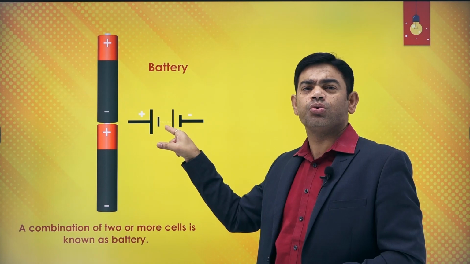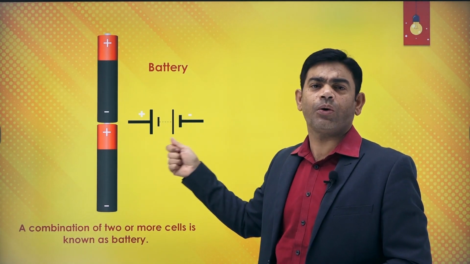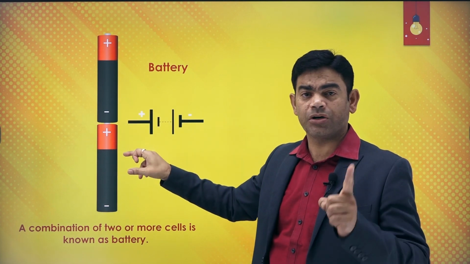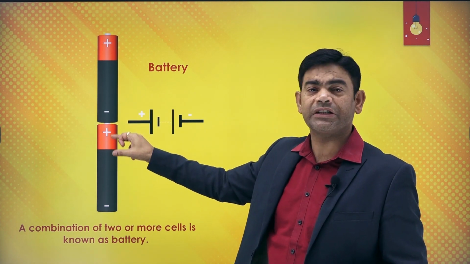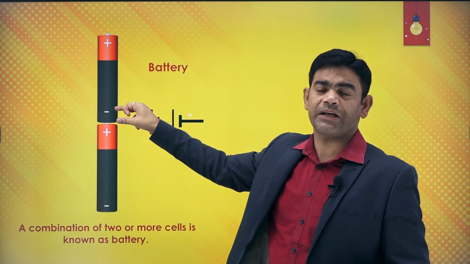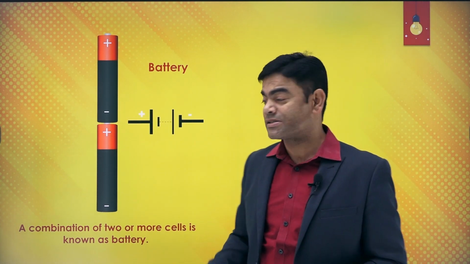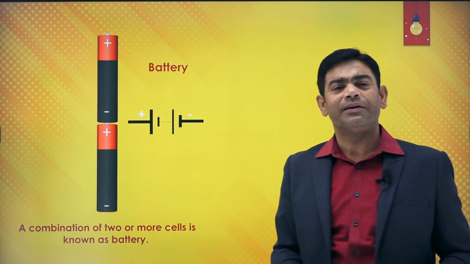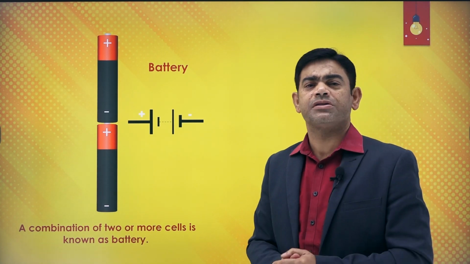It means I'm using 2, 3, 4, any number of cells as per my requirement. And how to connect them: be sure the positive of the first is connected to the negative of the second. Remember this. So a combination of two or more cells is called a battery.